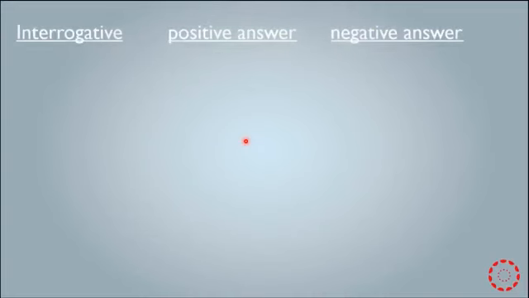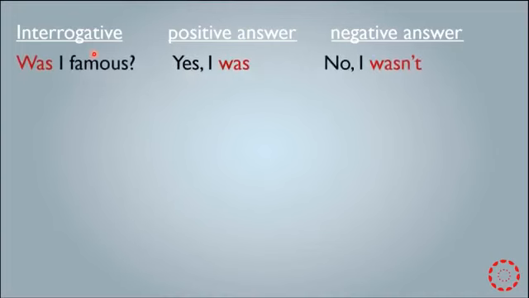Interrogative, positive answer, negative answer. When we say interrogative, we are going to say the question form. Let's show some examples. Was I famous? Yes, I was. No, I wasn't.